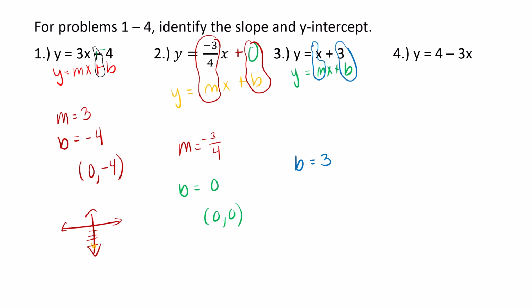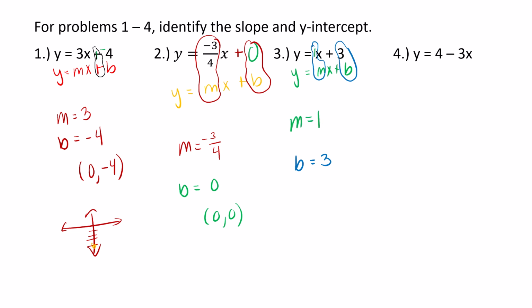So we want to think the same way about it. What number could I multiply x by that would leave me with just x? The answer is 1. So we've got 1x, because 1 times x is just x, and in this case our slope is 1.